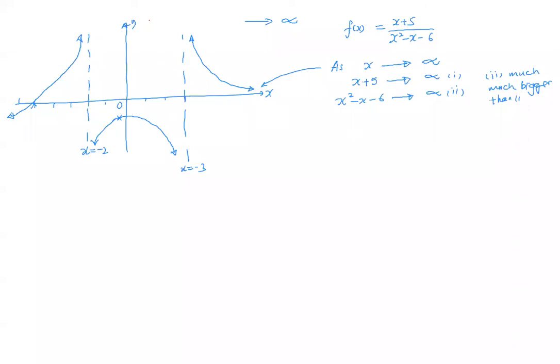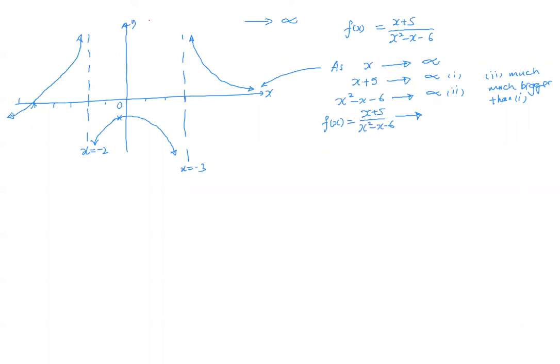So when you talk about this, now my fx is the first infinity divided by the second infinity. What do you think? It will approach what? Okay, let me train you to imagine like that.